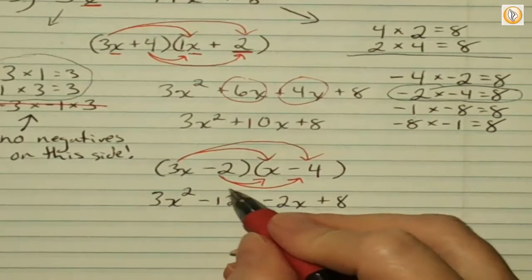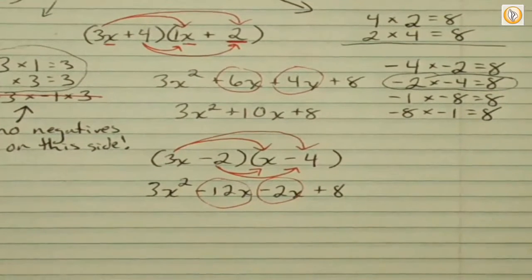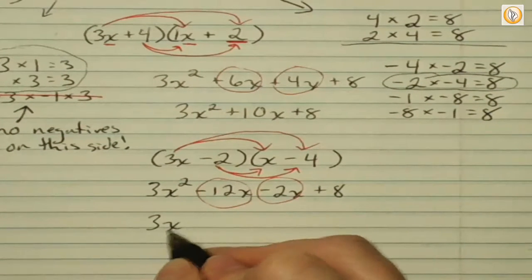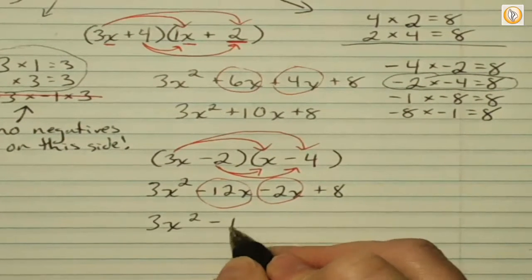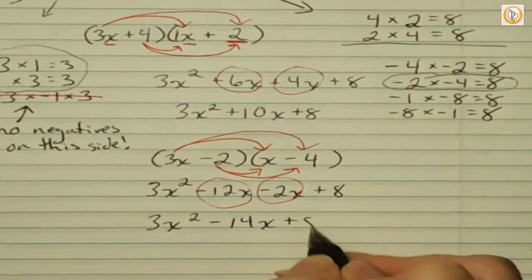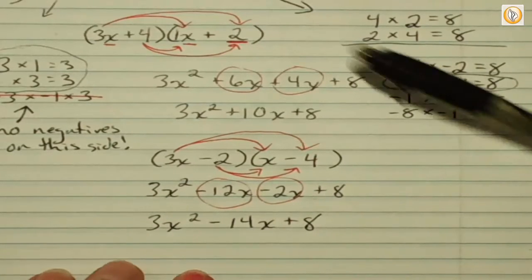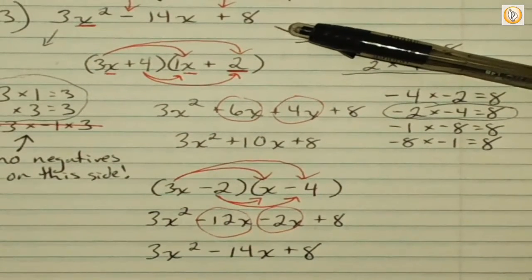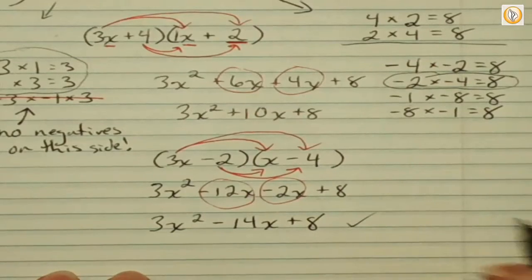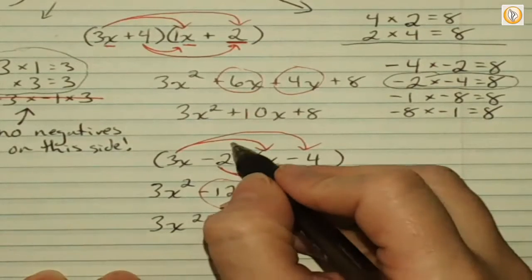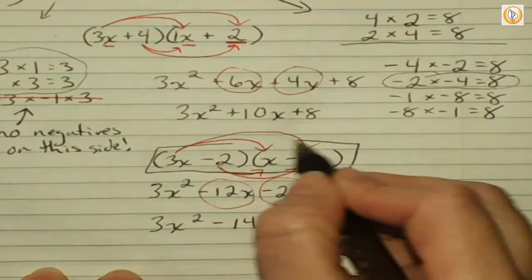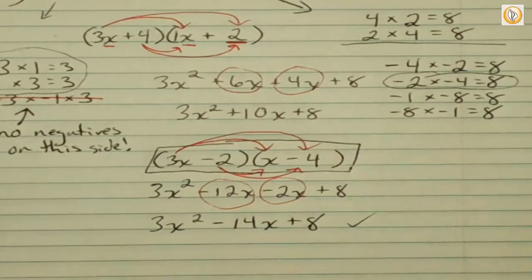Now we combine our like terms. 3x squared minus 14x plus 8. Does that match the original problem? Yes. He guessed correctly. It's trial and error. So that's your answer.